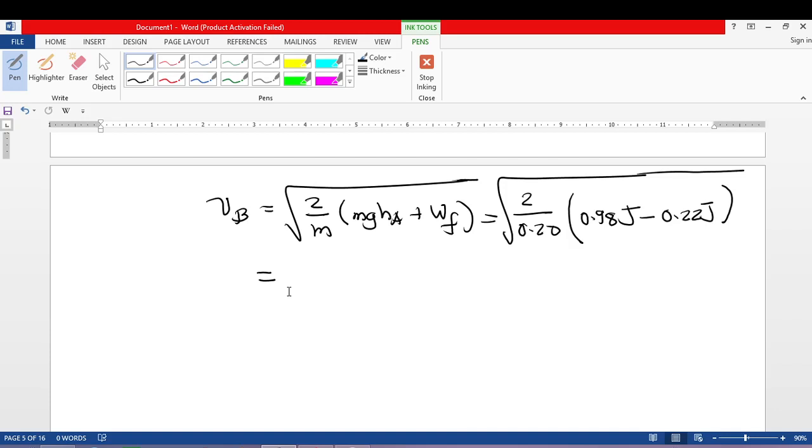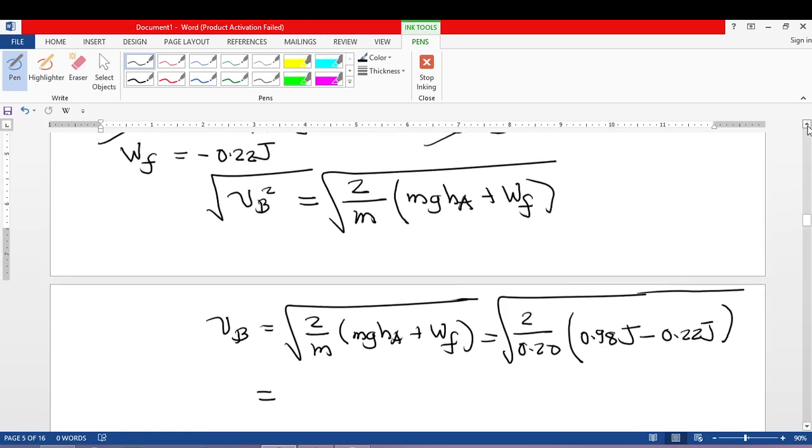So taking the square root, so that is equal to 0.87. So is it equal to 0.27? Just wait.